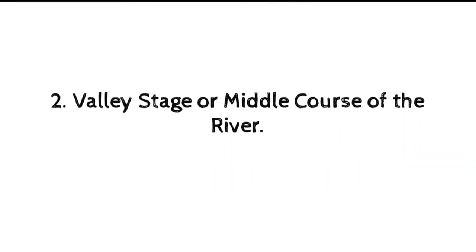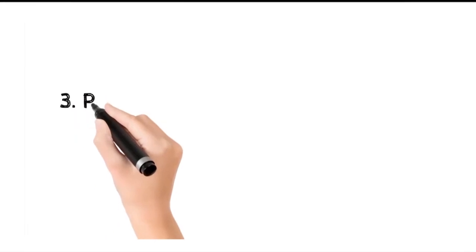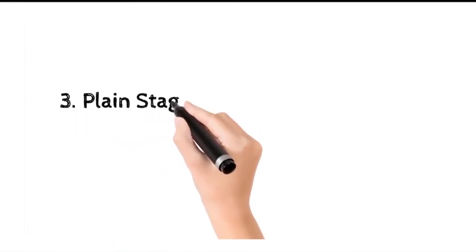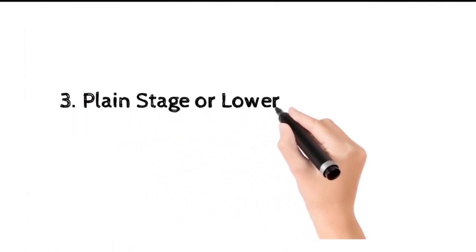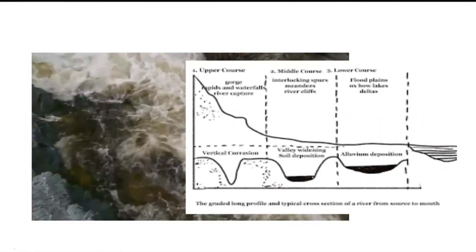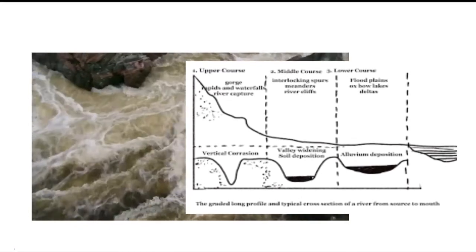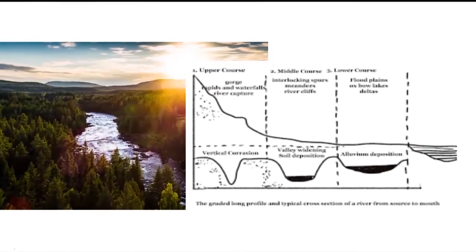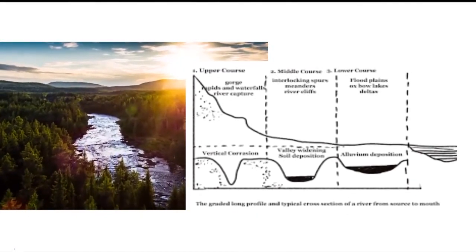The last course of the river is called the lower course, or the old stage or plain stage of the river. So let's now look at the various stages, their predominant erosional action, their course description, as well as landforms that can be found in these areas.